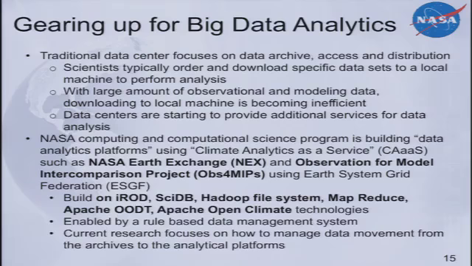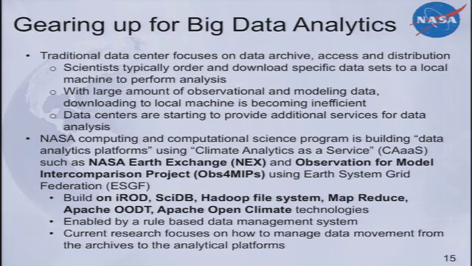All right, so gearing up for big data analysis. So we now know our traditional data analytic workflow doesn't work anymore. We start to work toward our future platform.